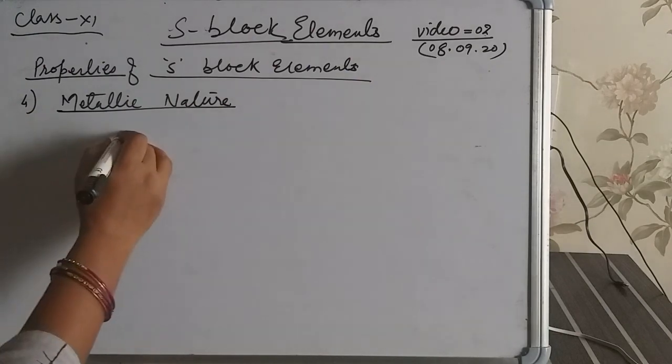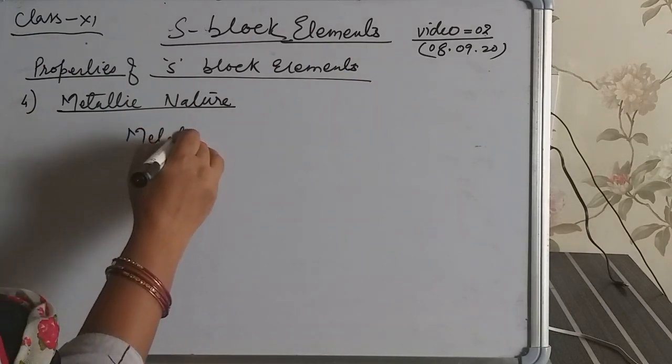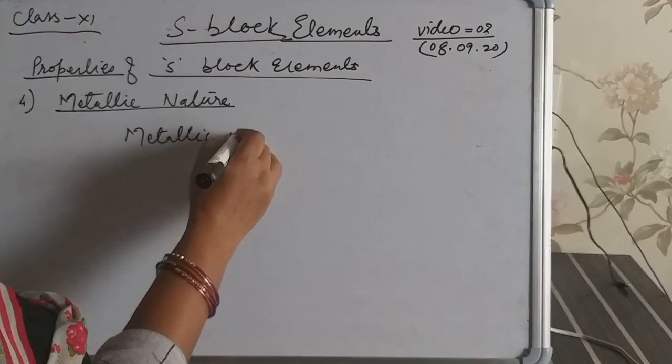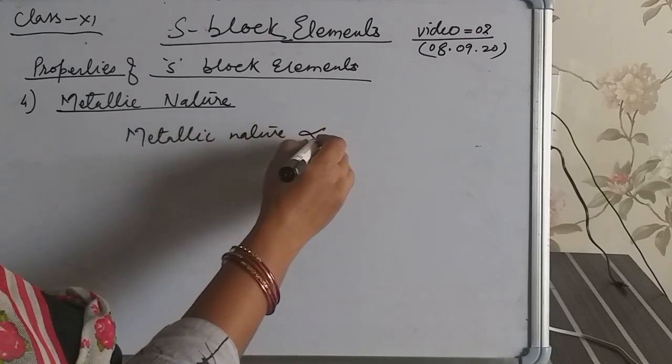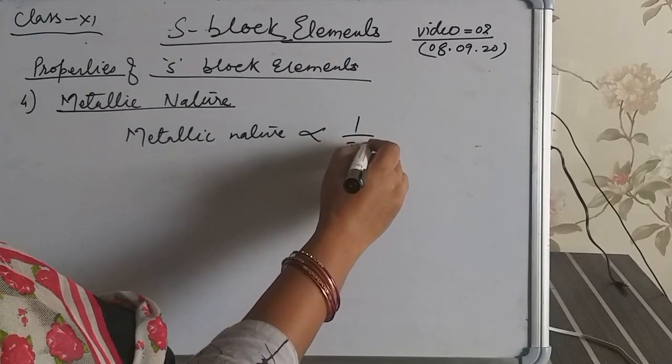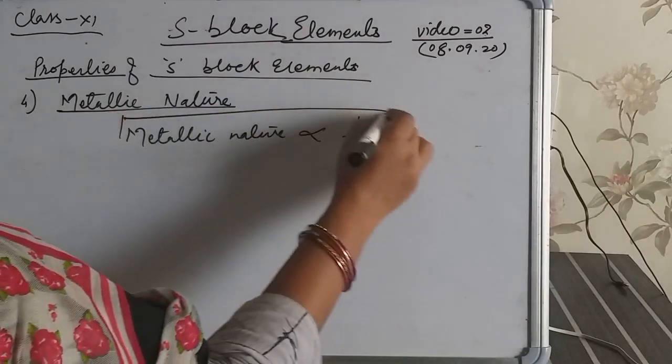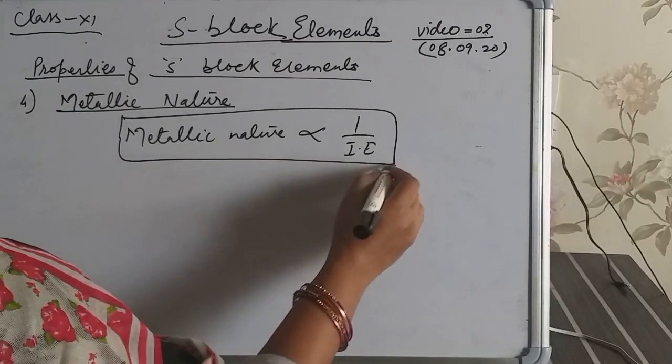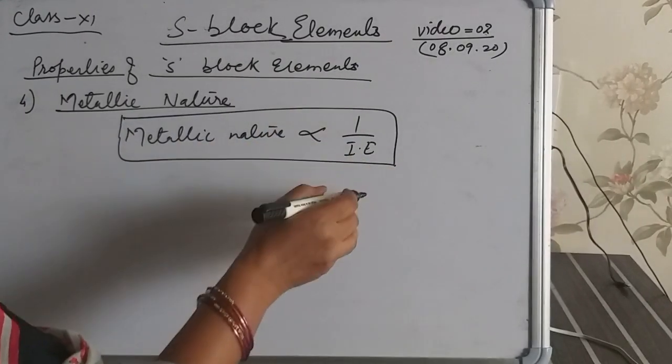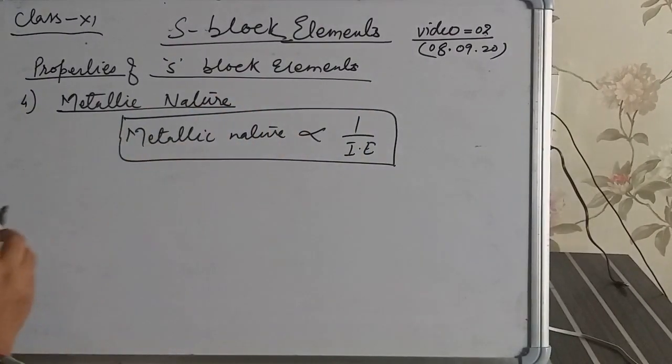We know that metallic nature is inversely proportional to the ionization enthalpy. Metallic nature high, ionization enthalpy low; ionization enthalpy high, metallic nature low.